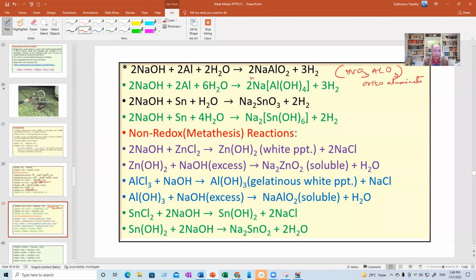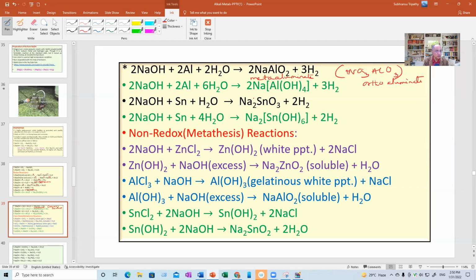So that is why it is metaluminate. In general, both are aluminates, but this is meta, AlO2 minus, or [Al(OH)4] minus. This is [Al(OH)6] 3 minus. So the actual correct formula of aluminate is [Al(OH)4] single minus.